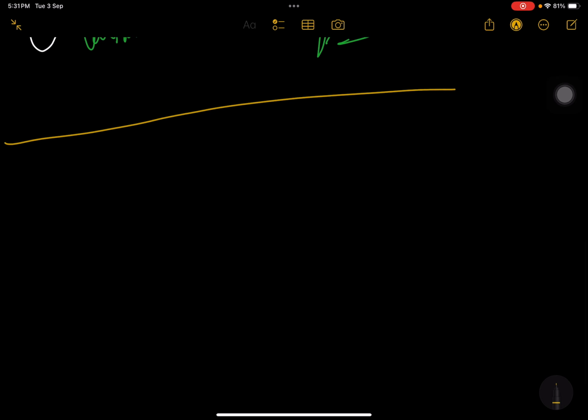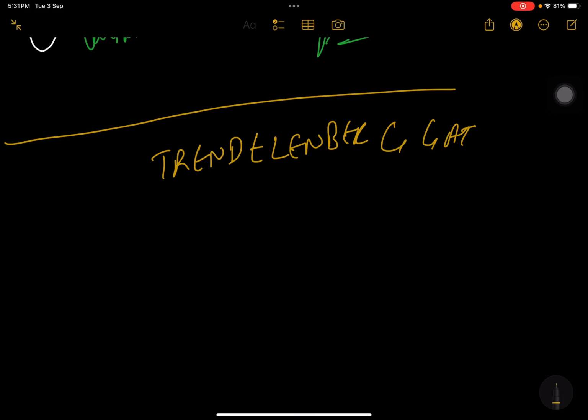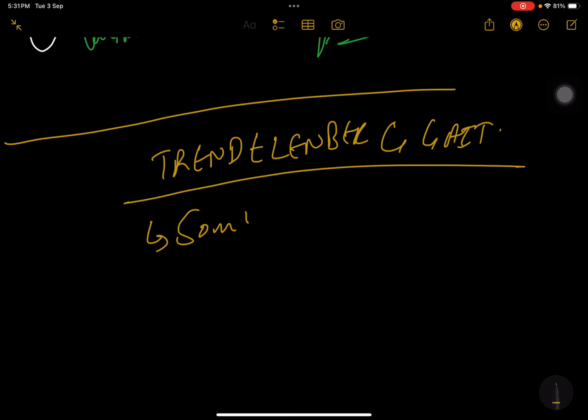Now, a patient comes to me with a Trendelenburg gait. What is this Trendelenburg gait? Such a difficult name to pronounce, right? Just remember, sound side sinks.